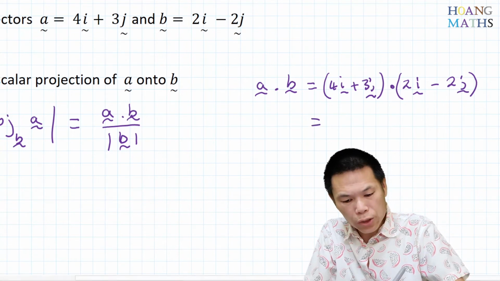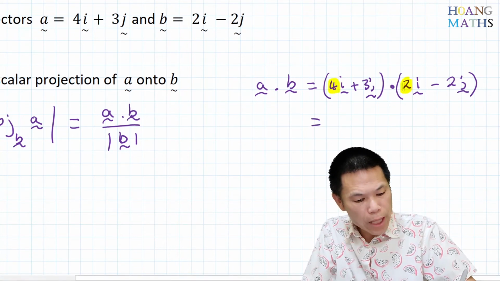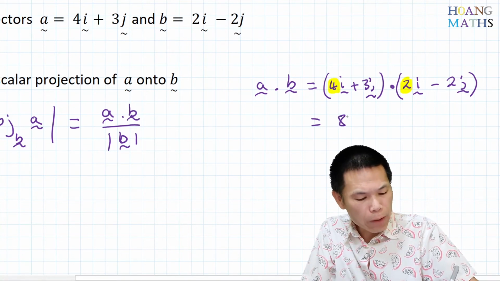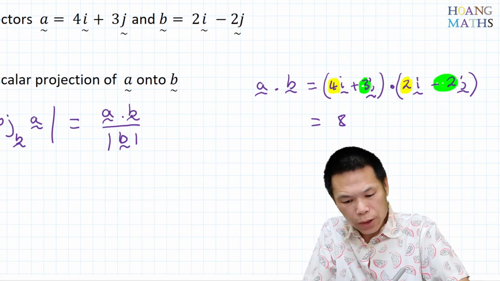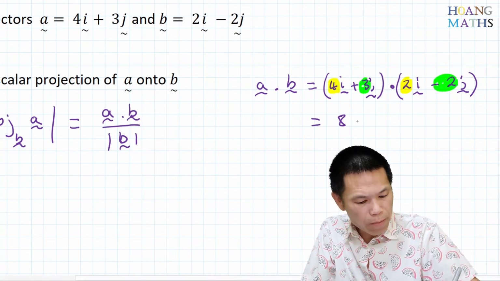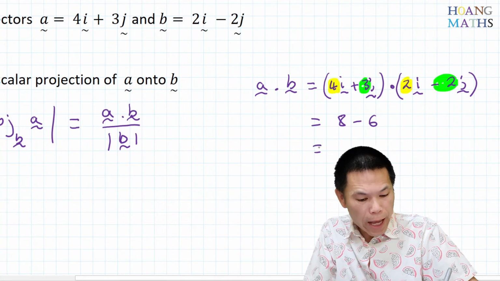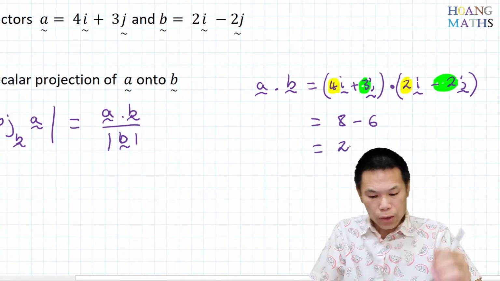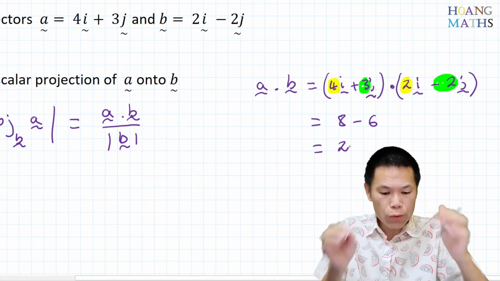Now we multiply the i components together, so 2 times 4 is 8, and then we add the product of the j components, which gives me negative 6, so minus 6. And 8 minus 6 is 2. So that is 2. Now we need to find the magnitude of B.